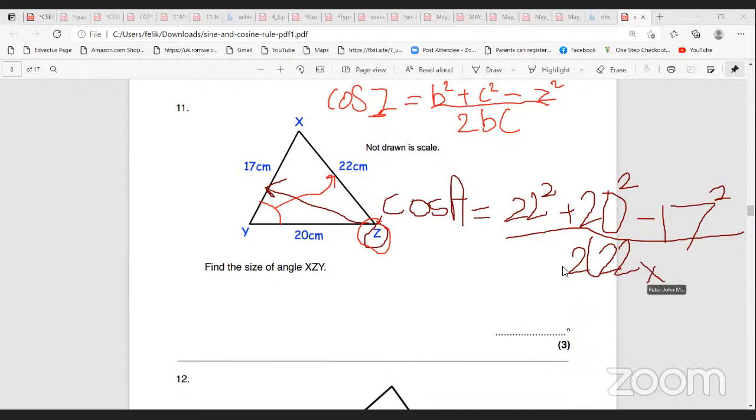You could have put parentheses again. I know, miss. Times 20. And now we calculate.